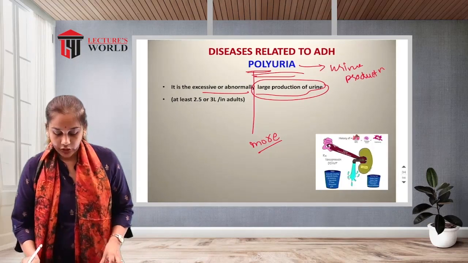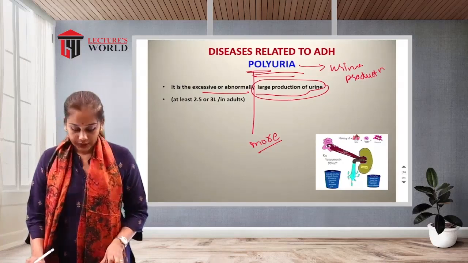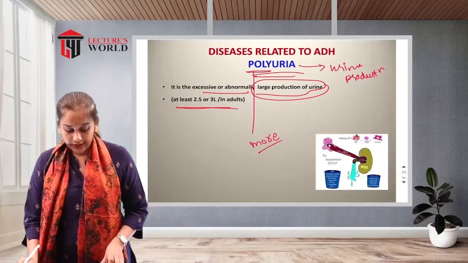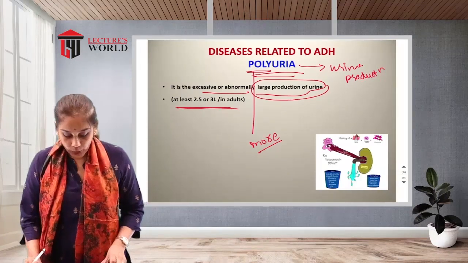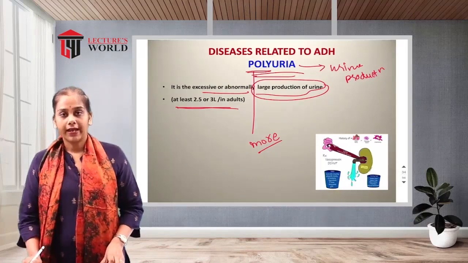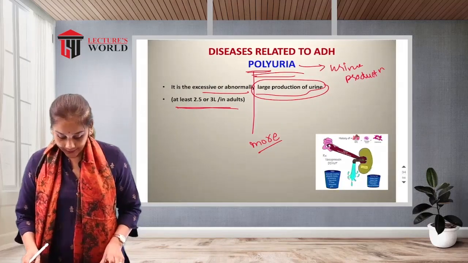A more than normal amount of urine production is known as polyuria. The urine output is more than 2.5 or 3 liters per day in an adult. So this is polyuria.